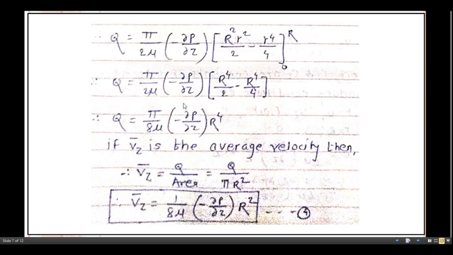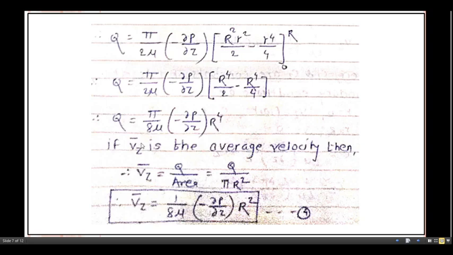Now make the base common, so we get 2 R raised to 4 minus R raised to 4, over 4 multiplied by 2, which is 8. What about the remaining term? 2 R raised to 4 minus 1 R raised to 4 is nothing but R raised to 4. That only remains.